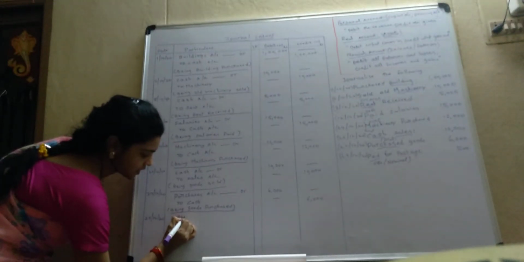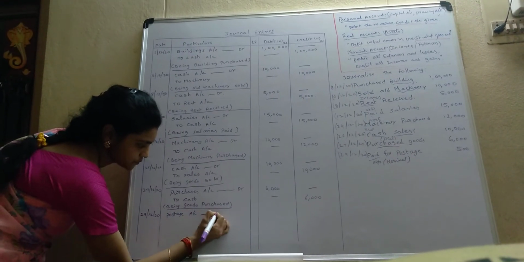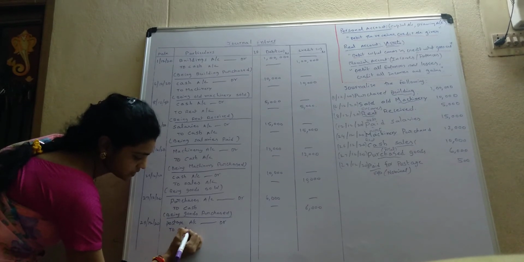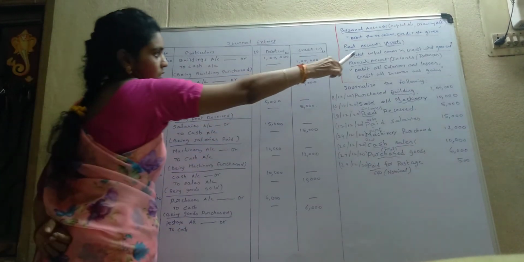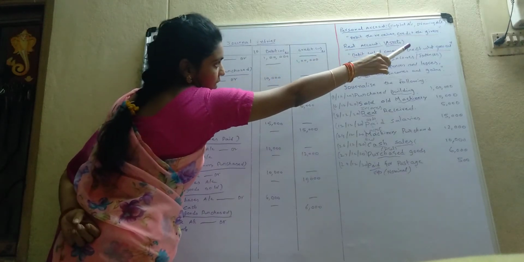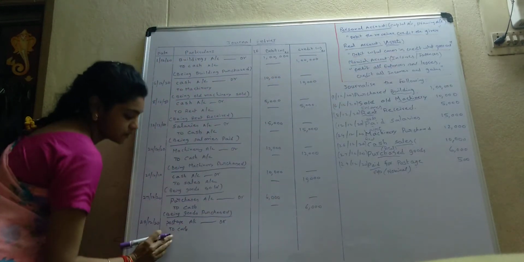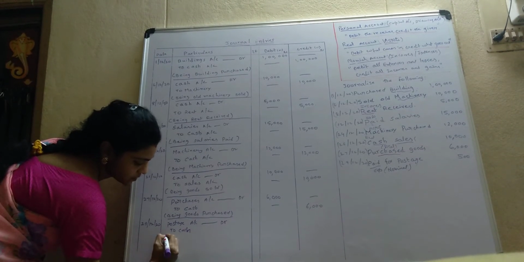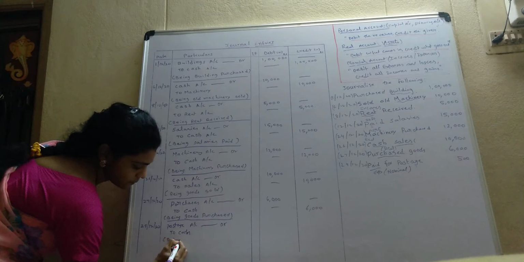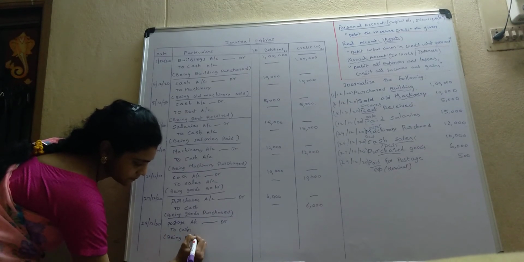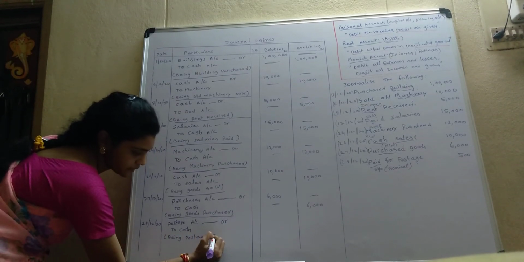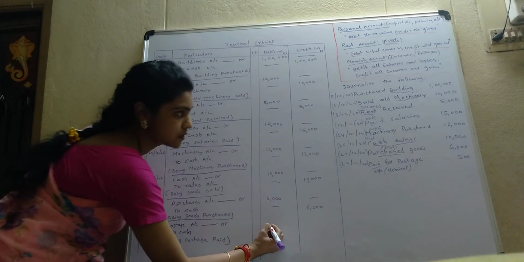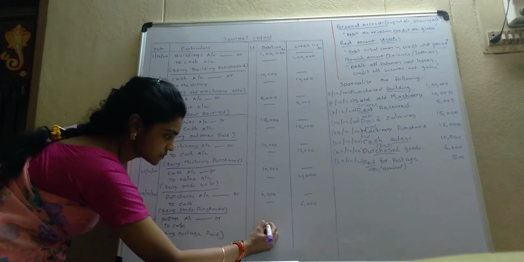So postage account, debtor. What we have to pay? Cash. Cash belongs to real account. What we have to do? Credit what goes out. What goes out here? Cash. That's why we credit it. Being postage paid. 500.